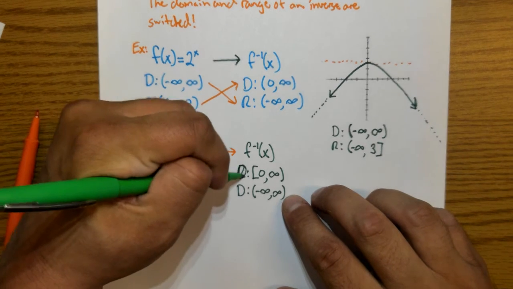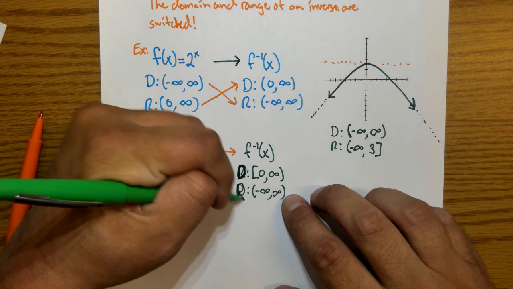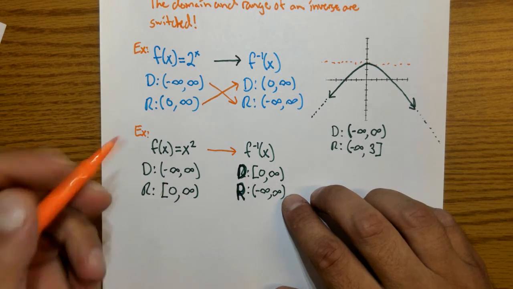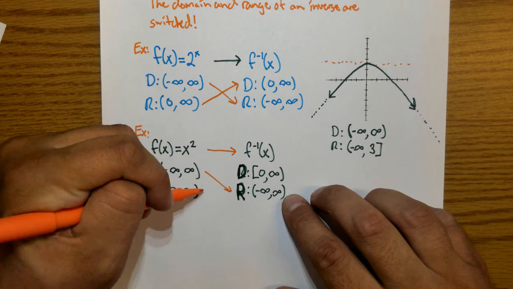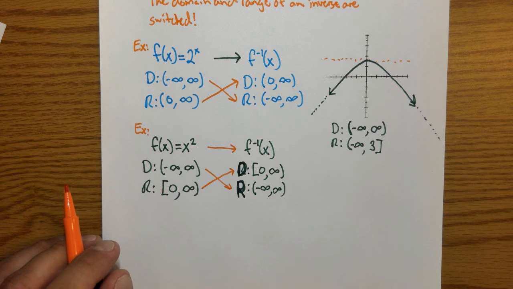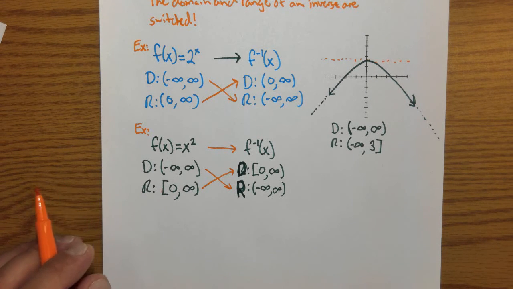This should be D, and this should be R. The domain and range are switched. So the domain becomes the range of the inverse, and the range becomes the domain of the inverse. There we go. Got it.